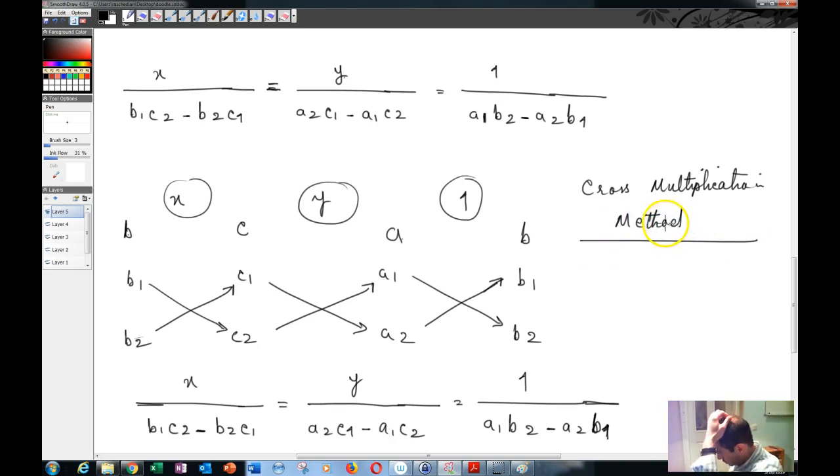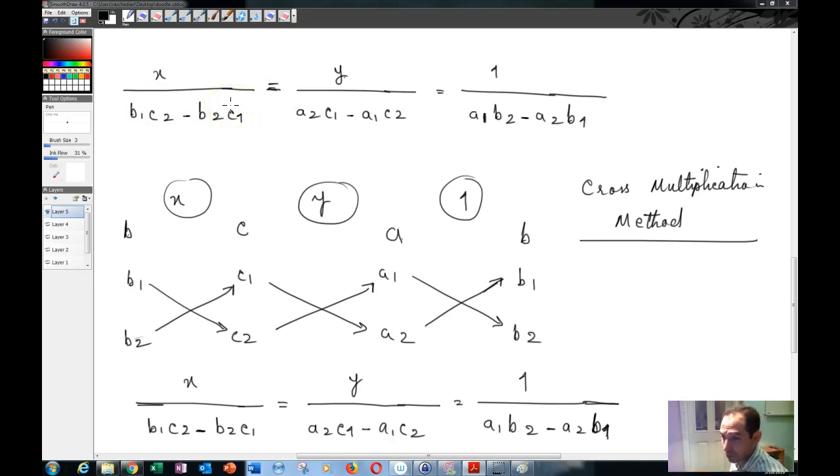So now there is a problem over here. There are a few cases where these denominators become 0, and there you will have a few problems.